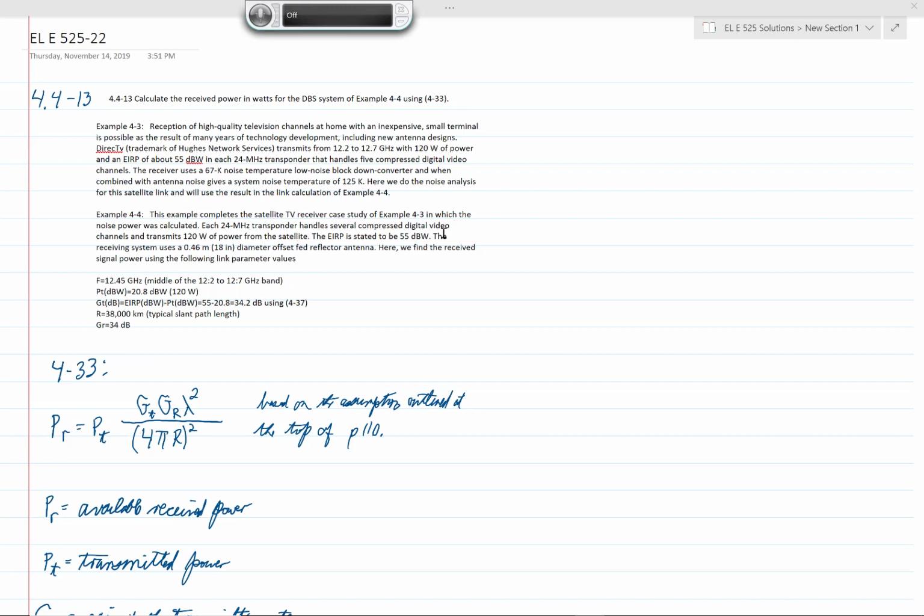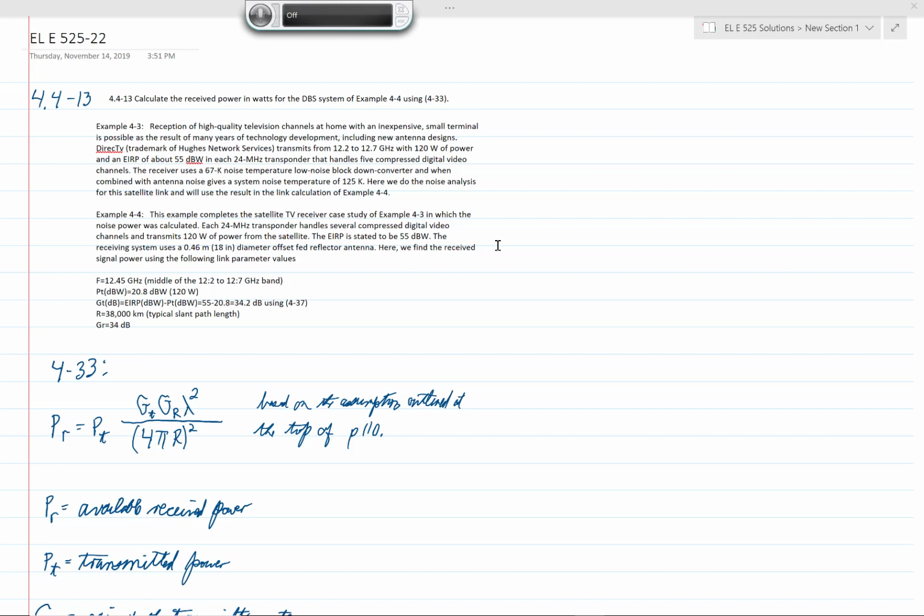The EIRP is stated to be 55 dBW. The receiving system uses a 0.46 meter, 18-inch, diameter offset-fed reflector antenna. Here we find the received signal power using the following link parameter values. And for our problem, you are to use these same values.